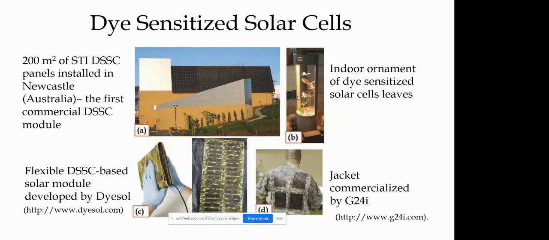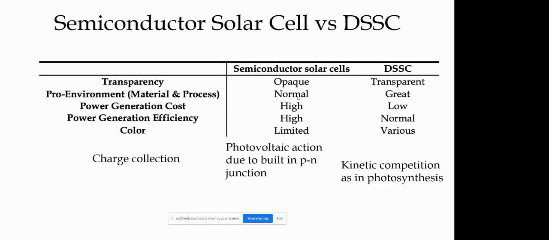So there is a potential that people are trying to build up, even though there is a disadvantage with respect to crystalline silicon because these are based on liquid dyes. Dye has its degradation problem over a period of time, right? If I compare with a silicon solar cell, the semiconducting solar cells, including CIGS and CZTS, these materials are opaque. You cannot see through them.